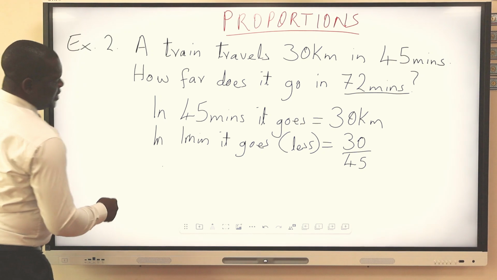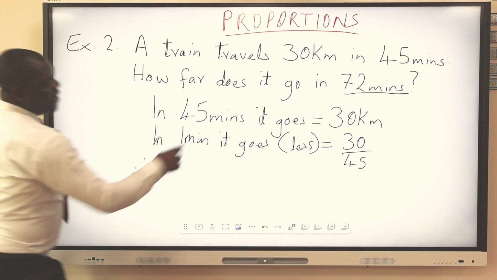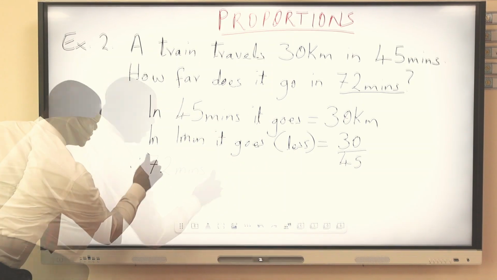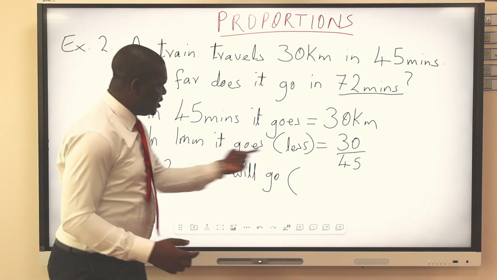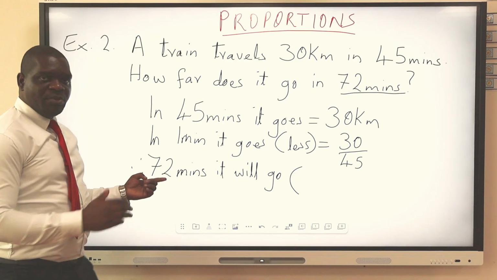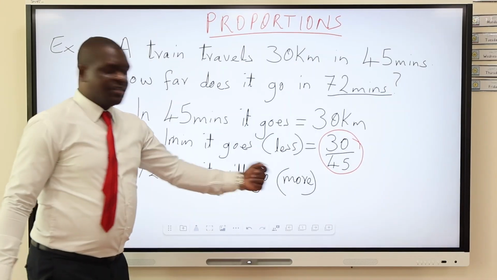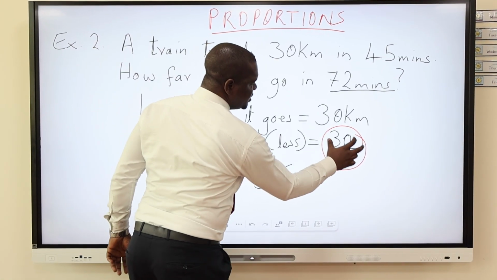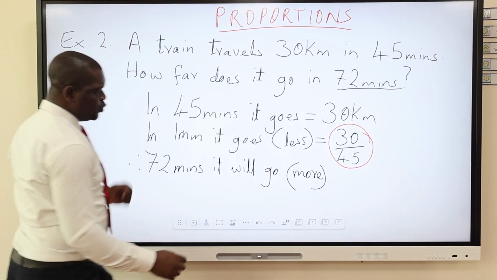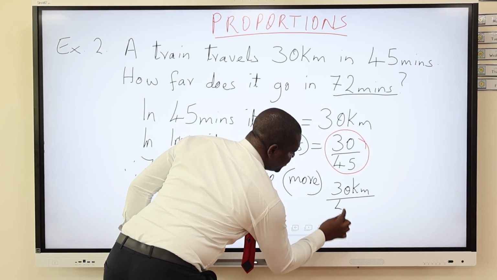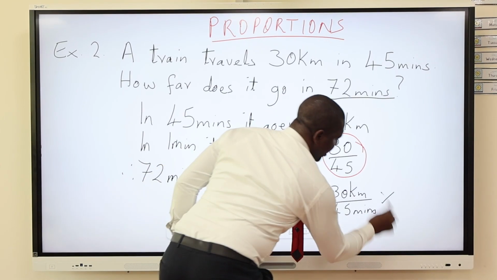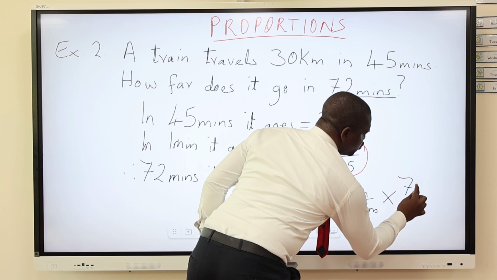Then you go to the last statement, which is therefore in 72 minutes it will go more or less. 1 minute it goes less. 72 minutes is going to go more. If it's more, we multiply this by 72. That is 30 kilometers. All this over 45 minutes multiplied by 72 minutes.